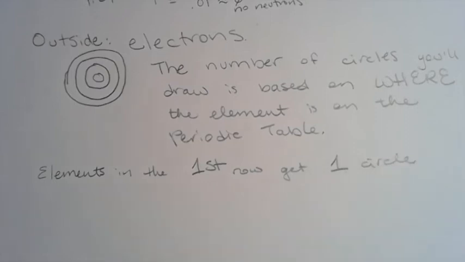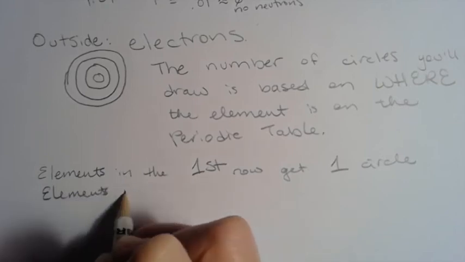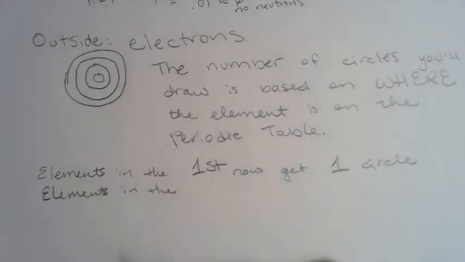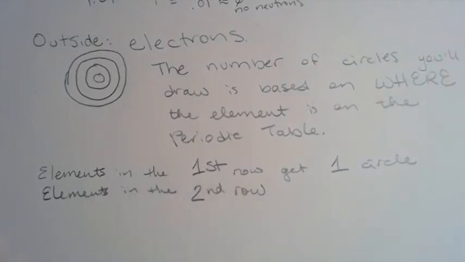And you might get a hint from how we just wrote that what the pattern is going to be. Elements in the first row get one circle. Make a guess here. Elements in the second row. And let's figure out what that is.